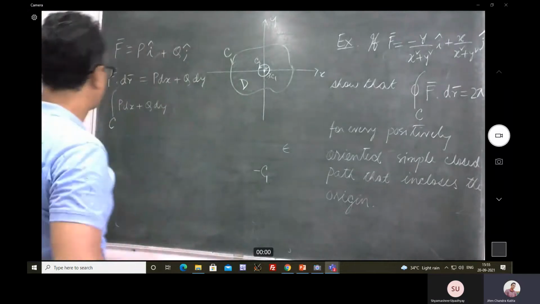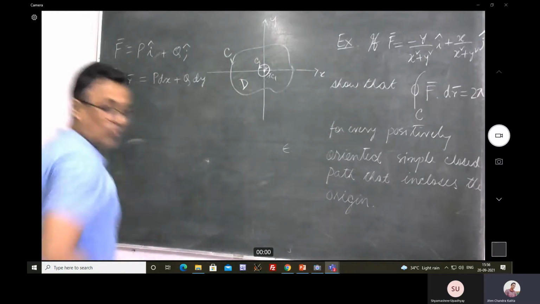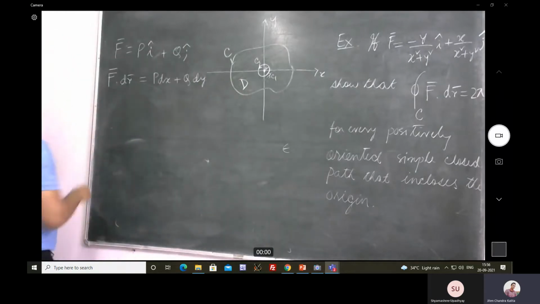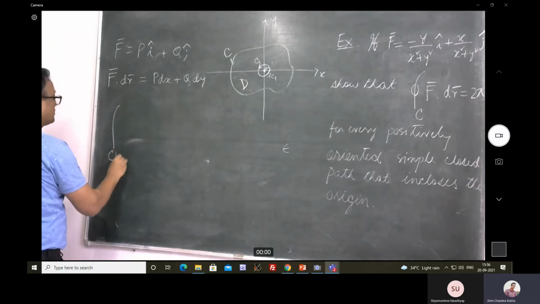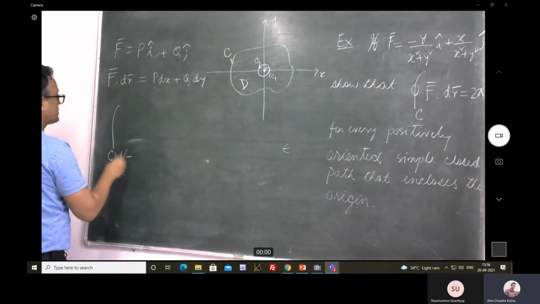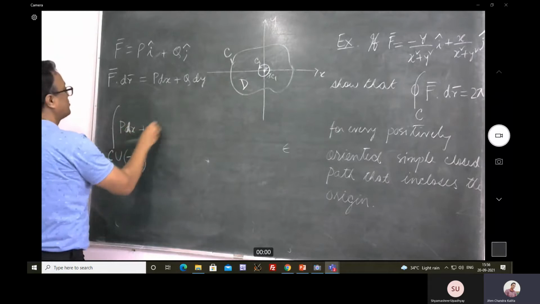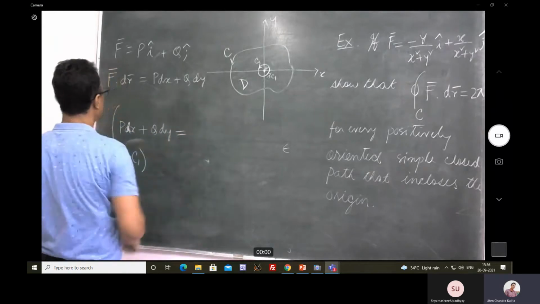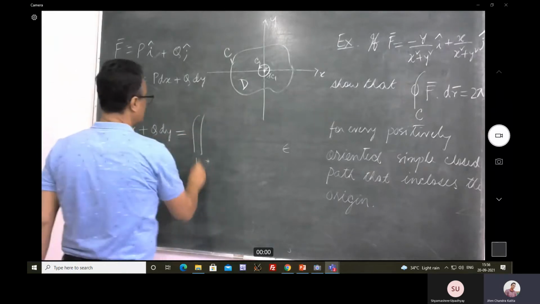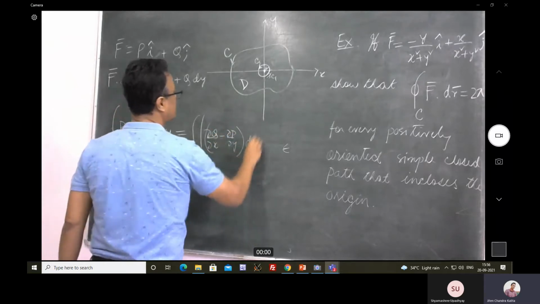Fine. So if I consider the line integral for the union of C and C1, of P dx plus Q dy, then by Green's theorem it is going to give me the double integral of del Q del x minus del P del y dA.